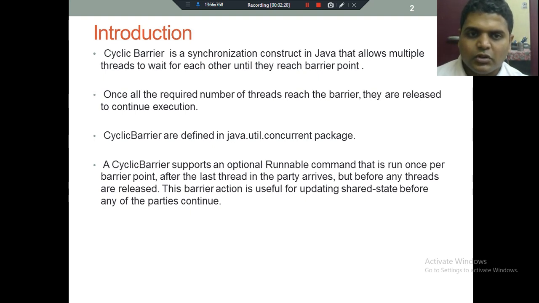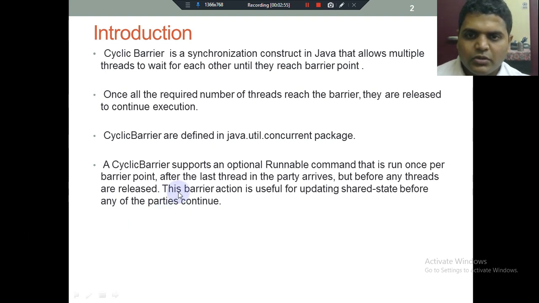So in the constructor, you can optionally pass a runnable command, and it runs before all of the threads are released.